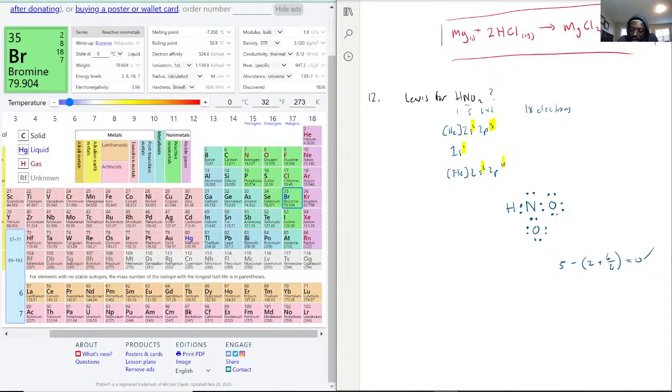Perfect. Oxygen, 6 minus, it has 2, 4, 6, and then plus 2 over 2, so that'd be minus 1 each one. So in fact, this one doesn't even add up.